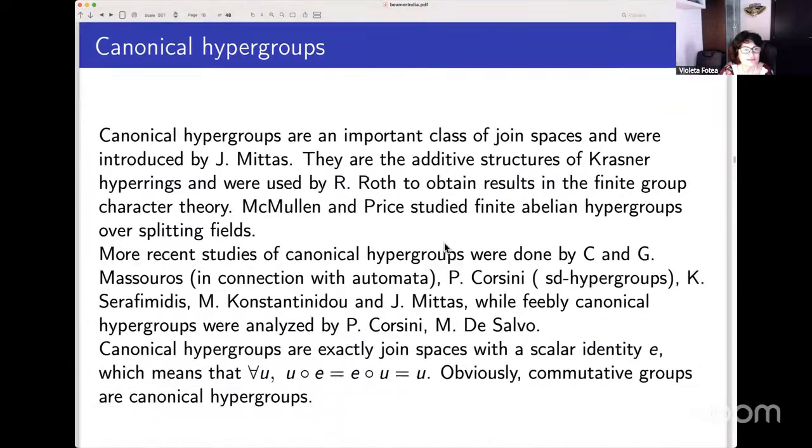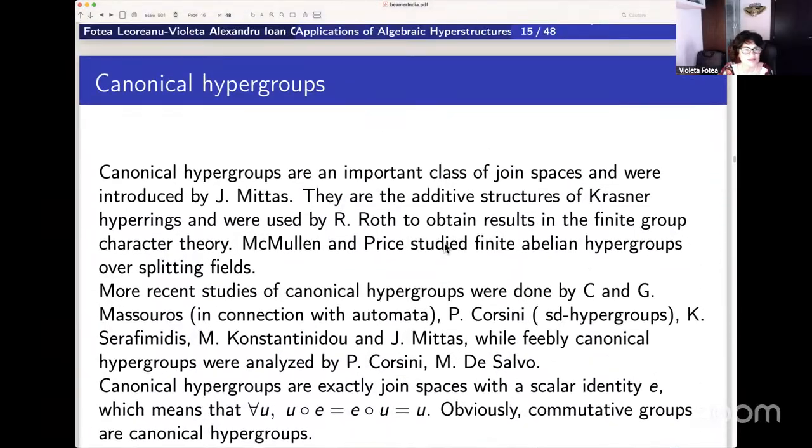Now, some words about another important class of hypergroups, canonical hypergroups. They are actually a class of Jones spaces, and they were introduced by Mittas. Mittas was another pioneer of hyperstructures. He introduced many types of hyperstructures in connection with ordered sets and lattices.